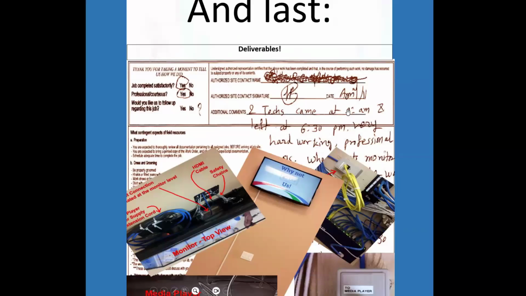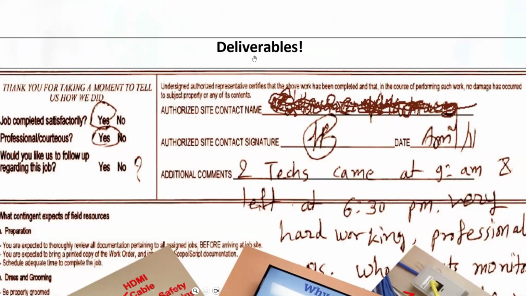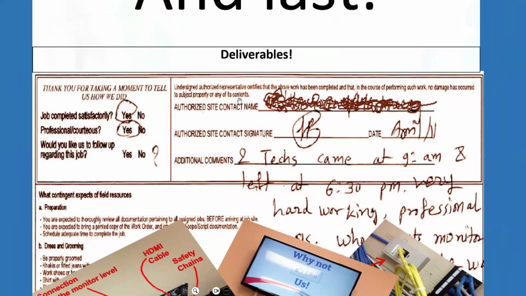What is it that we are asking you to do after completing the job? See this word here? Deliverables, otherwise known in our school environment as a lab report. What is the purpose of doing the labs? The purpose of doing the lab is to give you the activities that you will be facing when you go to face the real world and do the real jobs.